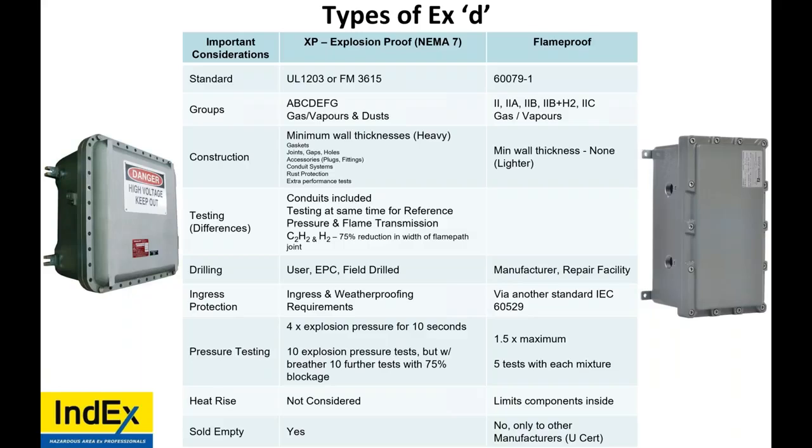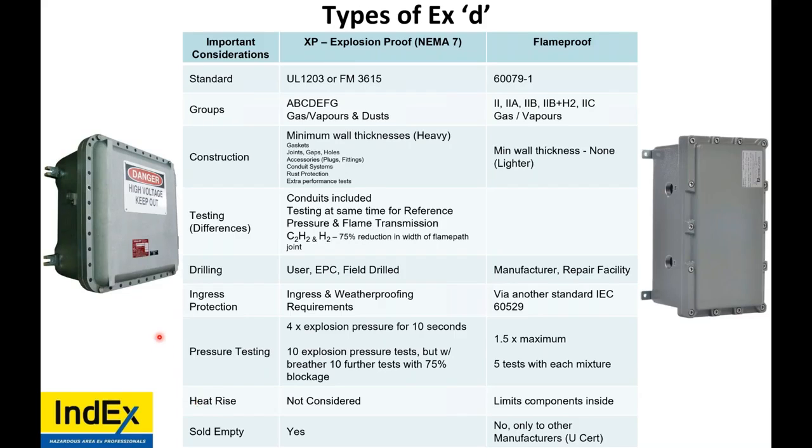Okay, so the two different types of EXD. Now, within the industry, for those that have worked in North America and overseas, or perhaps worked with both types of equipment, maybe some have figured this one out.